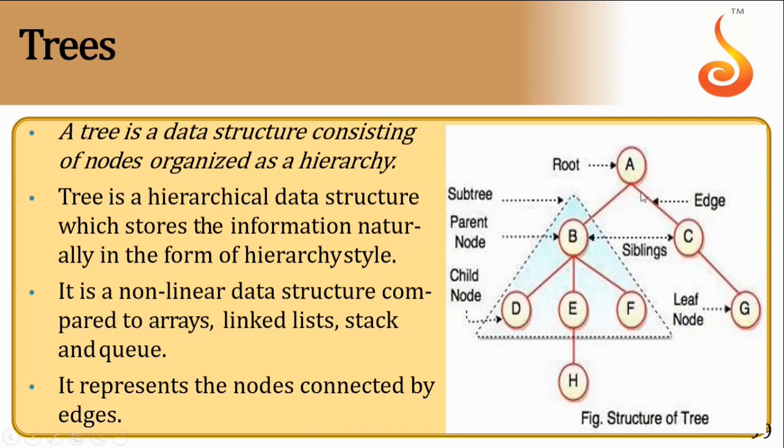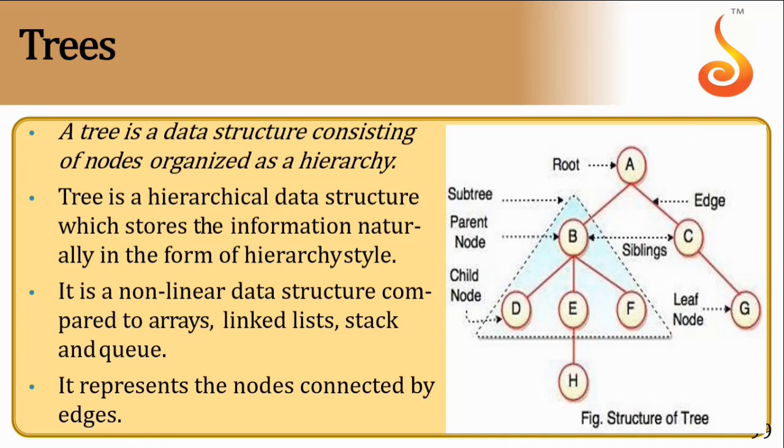You can see here one incoming edge, but from B you have several outgoing edges. For E also you have one incoming edge from B, but you can have more than one outgoing edge. This is the edge, which connects two nodes to show a relationship between them.